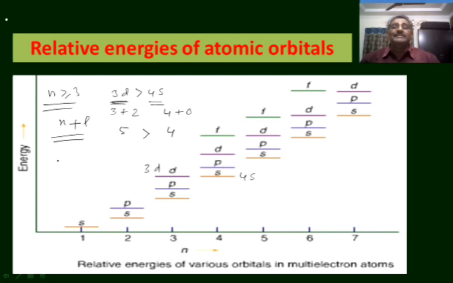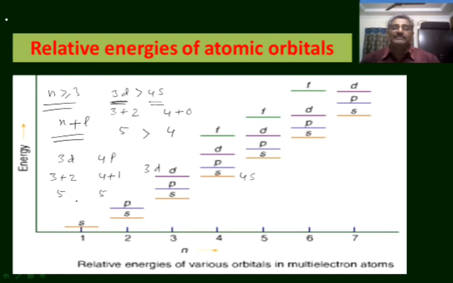In the same way, sometimes the n plus l value may be the same. For example, 3d and 4p. Let us see the n plus l values. For 3d, n plus l is equal to 3 plus 2. For 4p, n plus l is equal to 4 plus 1. This is 5.